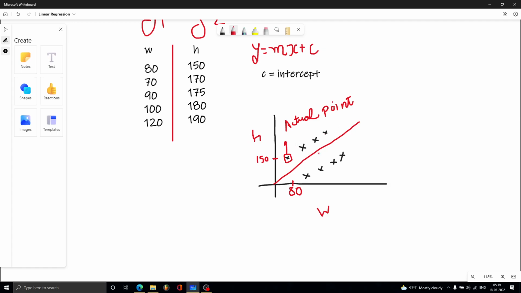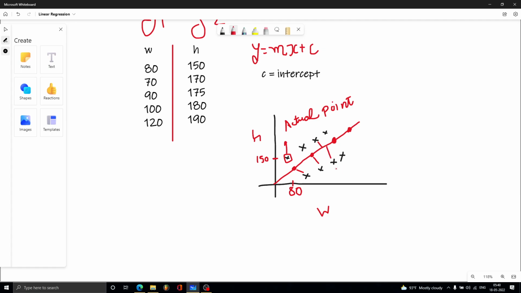So what is our best fit line? A best fit line is a line created by joining all the predicted points, which has the least or minimum amount of error between the predicted and the actual values. Got it?